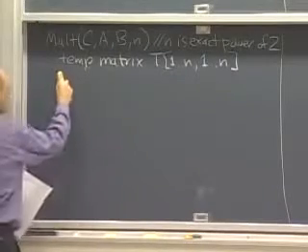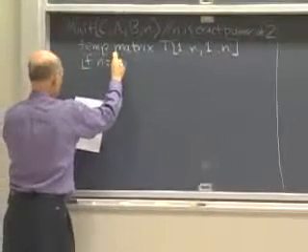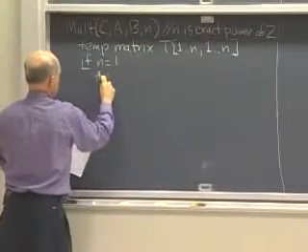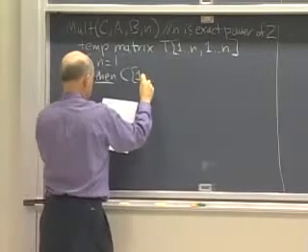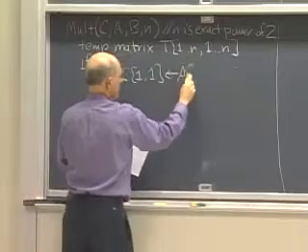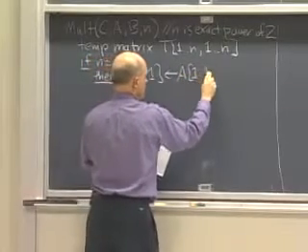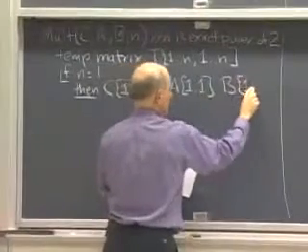And the code looks something like this. Okay, if n equals 1, then C of 1,1 gets A of 1,1 times B of 1,1.